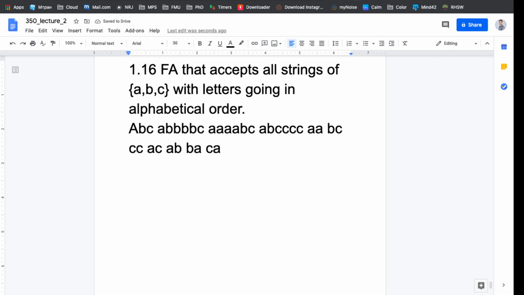I can't have, for example, A, B, B, B, B, B, C, and then B. Cannot have that, because I screwed up the pattern. Hope it makes sense. So it's kind of similar. We still have this pattern where we go from left to right on A, B, C, and accept somewhere on the right. Well, no, we immediately accept from the very beginning, actually.